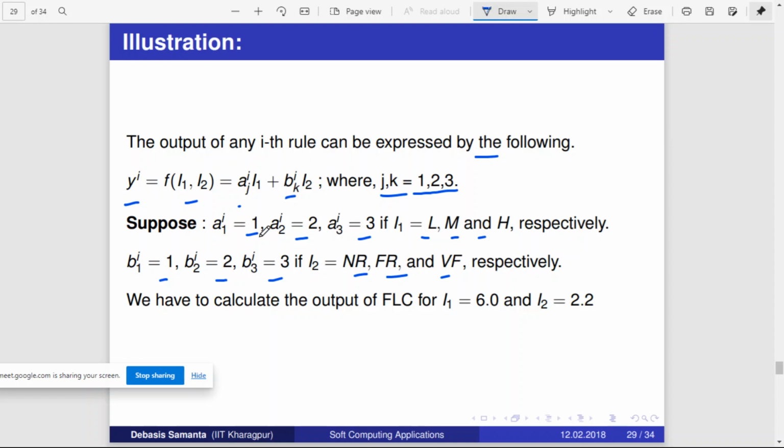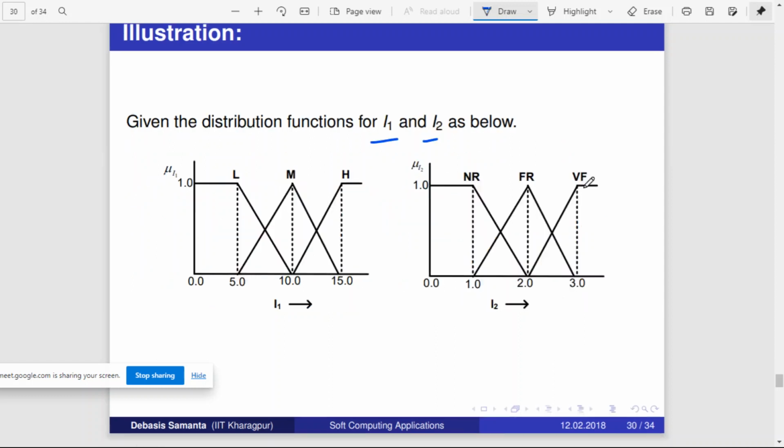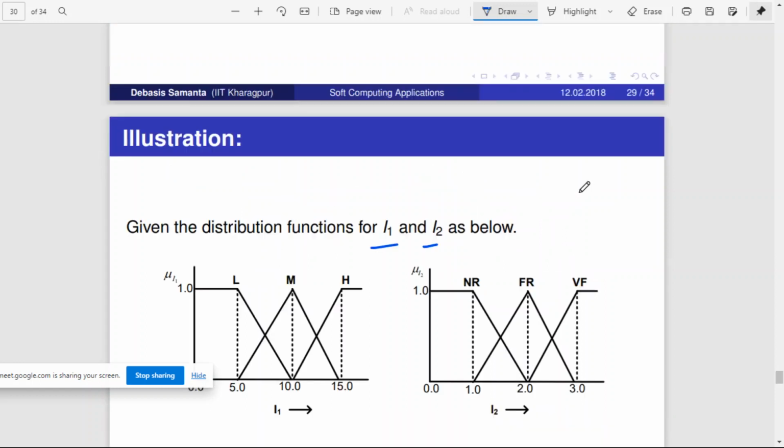This represents low, this represents medium and this represents high. Similarly, this represents near, this represents far and this represents very far. Now again we have to use the same technique we followed initially for Mamdani's approach.